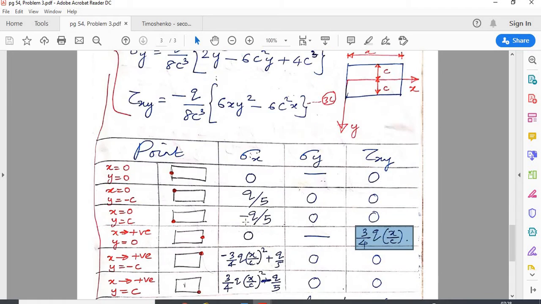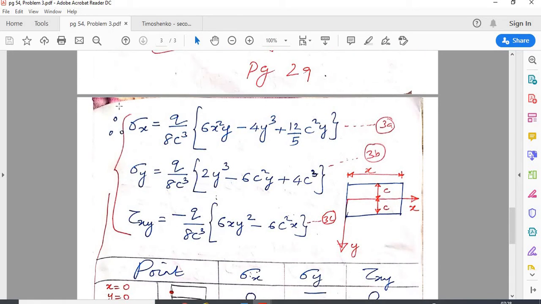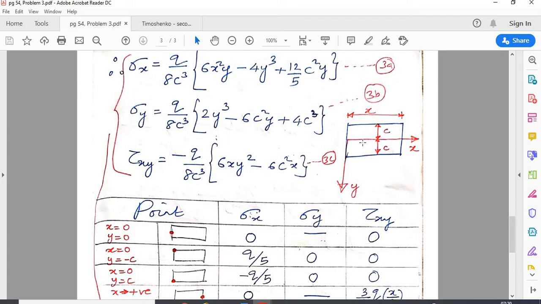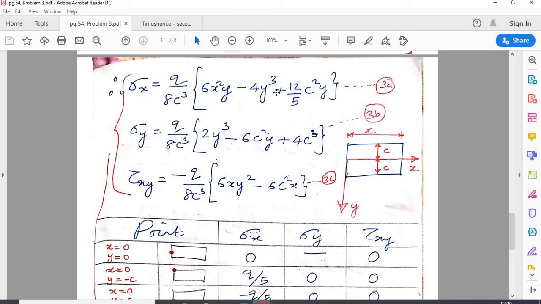Now let's look at the expression for sigma x, which is a little involved and complicated. Here what you see is it is a cubic function of y, which means the normal stress at any particular section along the x direction is a cubic function of y. This is something strange which we don't see, because when we typically use the assumption that plane sections remain plane before and after bending, the normal stress along x direction is nothing but a linear function of depth.